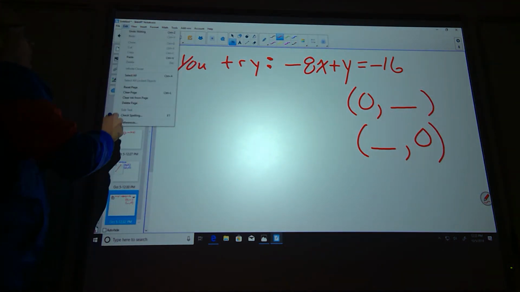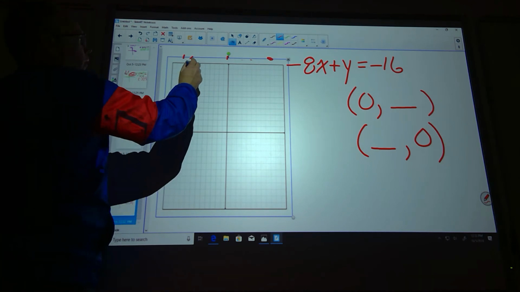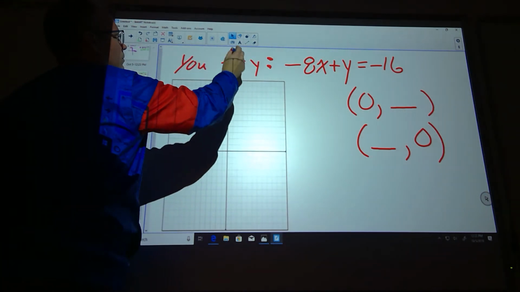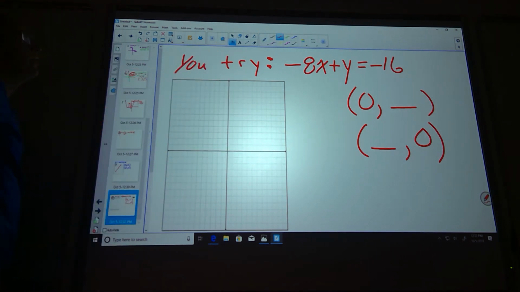While you're doing that, I will paste up my grid. Notice I do have the 0, comma blank, the blank, comma 0. See how you do.